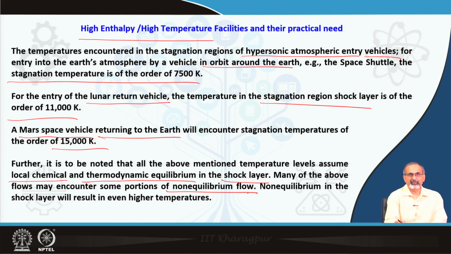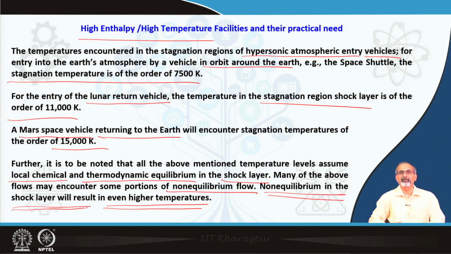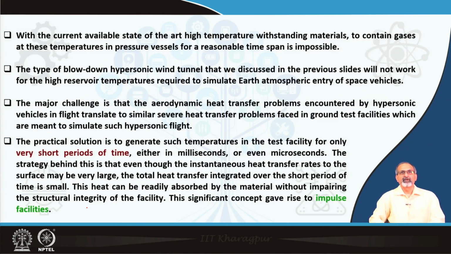Non-equilibrium in the shock layer will result in even higher temperatures. So, this is a very important fact that we have to keep in mind, and we have to be very carefully avoiding non-equilibrium as far as possible. However, in certain conditions they are practically inevitable.